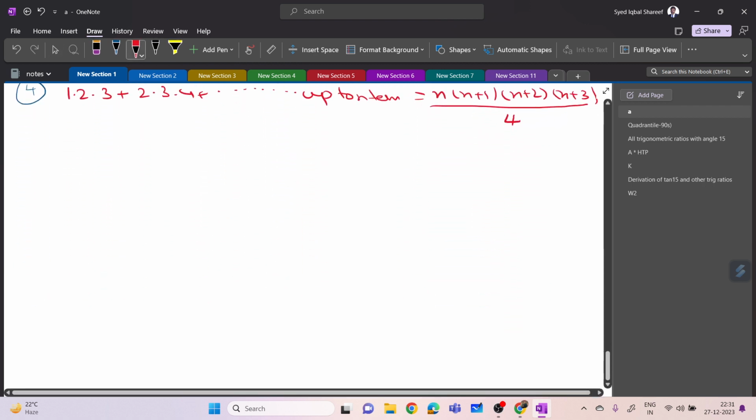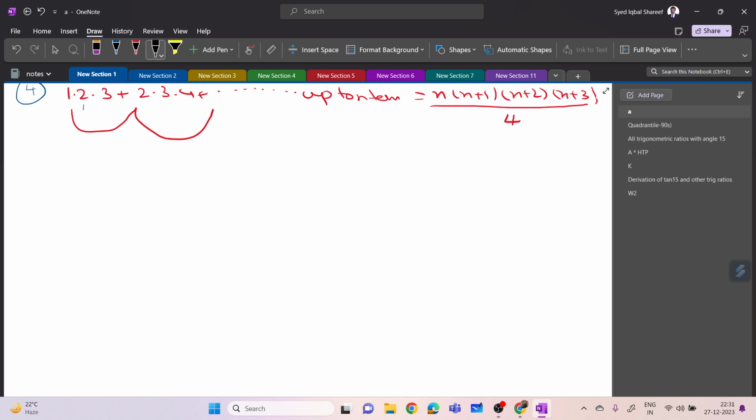See here, this is the first one: 1, 2, 3. Then this is the second one: 2, 3, 4 it will go. And this is the third one: 3, 4, 5, like that it will go.